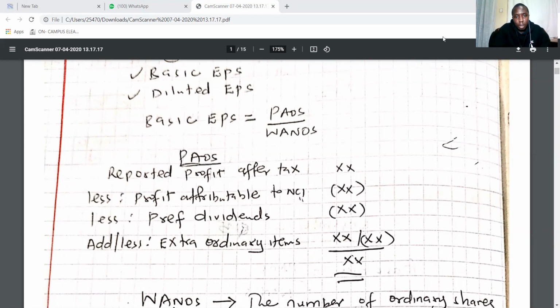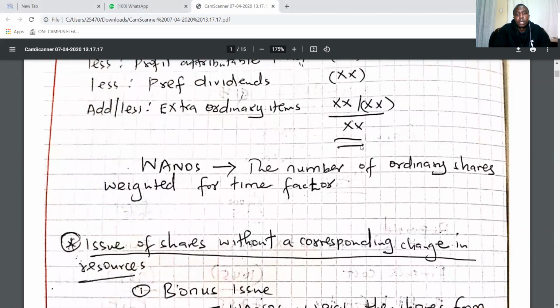Then what about the 1/nose? The 1/nose is all about the number of ordinary shares weighted for time factor. Let's say, for example, in this financial year 2021, there's a company A which was having 200,000 outstanding ordinary shares.